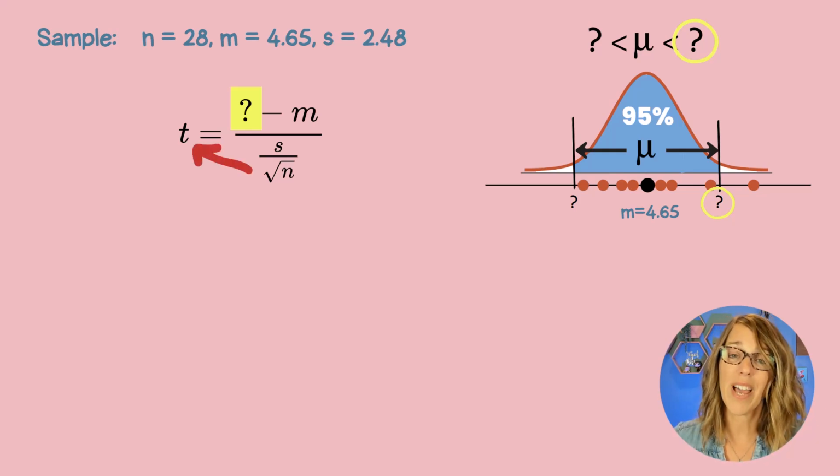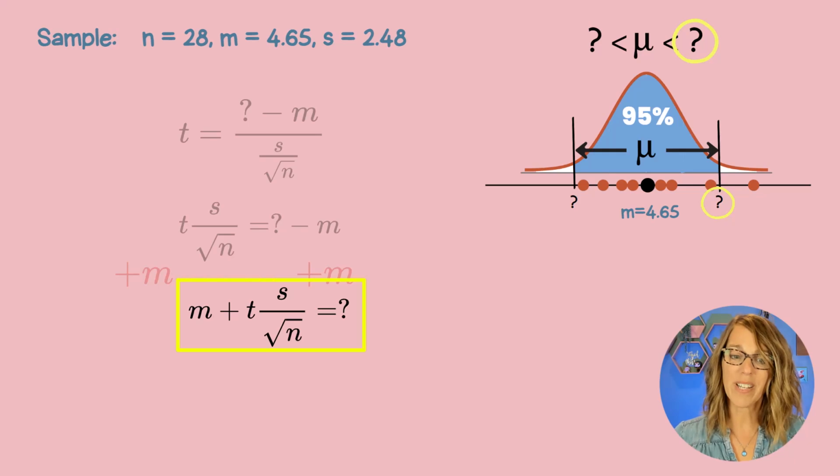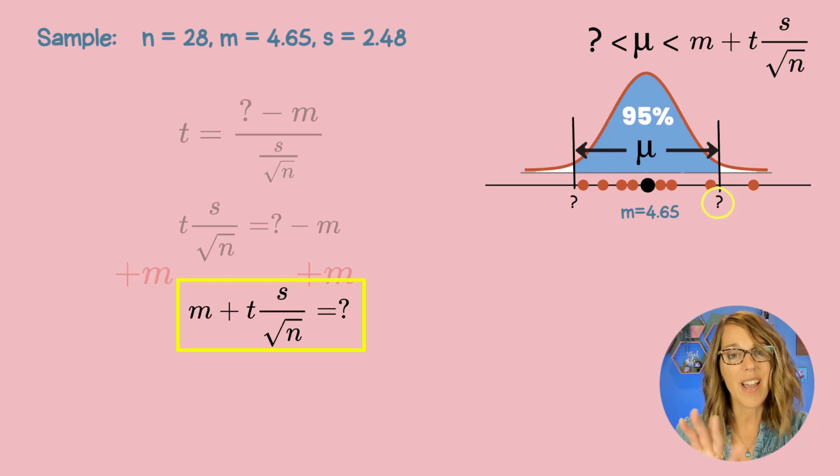Let's cross multiply by that standard deviation divided by the square root of n, which gives us this. To isolate that question mark, that upper time, I just need to add m to both sides. And I've got a formula now for my upper time. It's that mean, that 4.65 in our example, plus t times s over the square root of n. Let's go ahead and put it up there in our inequality.